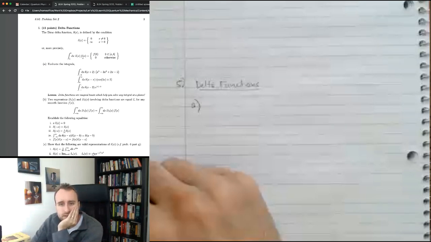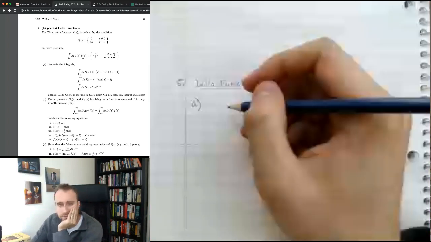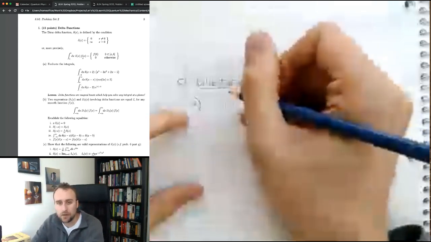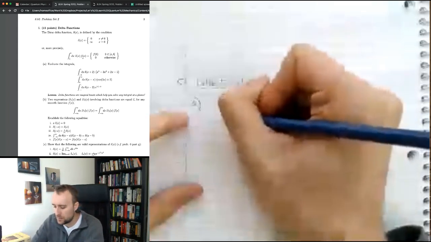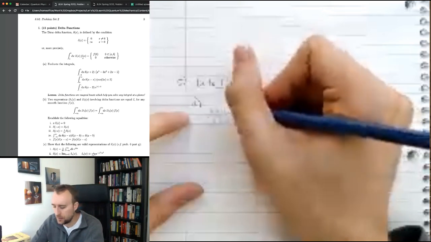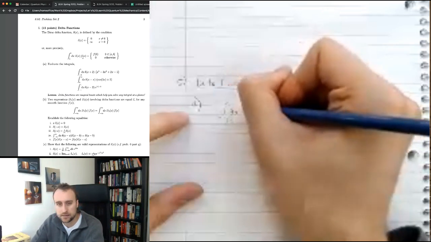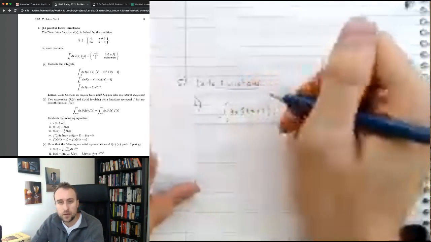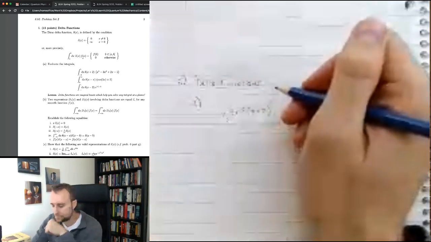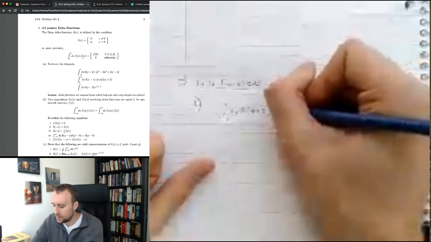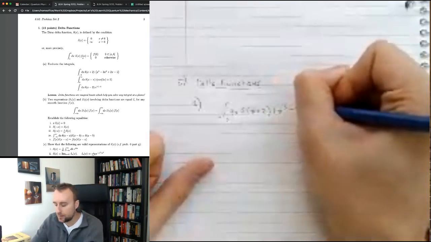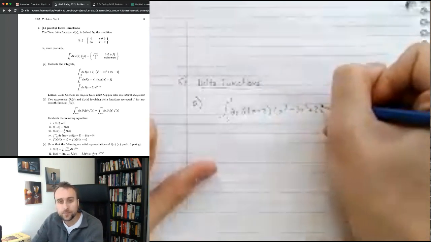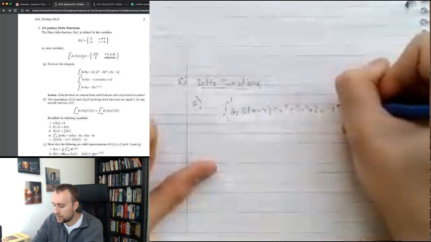Let's look at these ones here. So we have in this function, let's write it out. From the interval of 1 to -3 of dx delta(x plus 2) times x cubed minus 3x squared plus 2x minus 1.